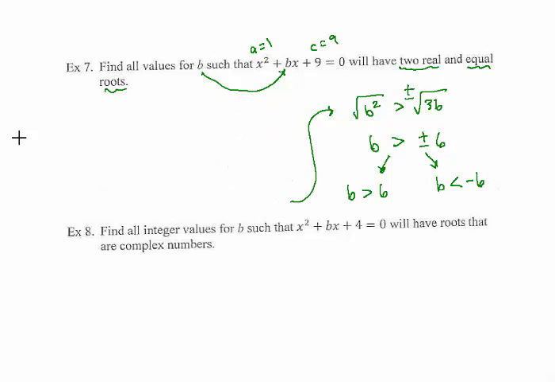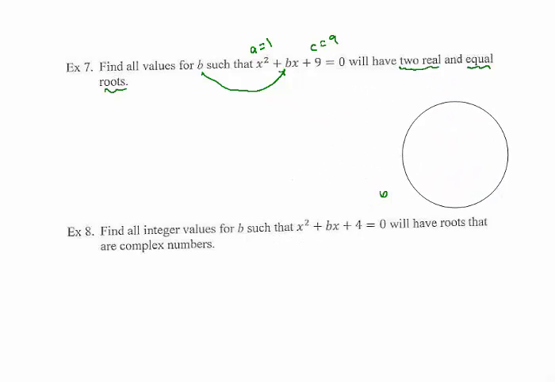Now, in this case, if we want to address the equal roots part, because with b being greater than 6 or less than -6, we can't end up with equal roots.